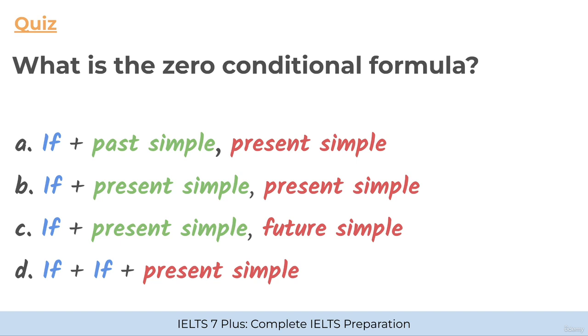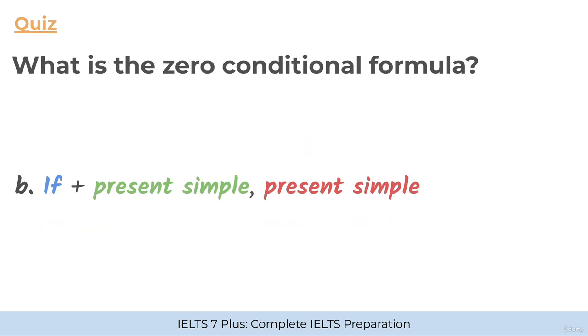So we're thinking about our scientific truths here, our general facts, things that are just considered to be the truth. For this one, it would be if plus present simple, present simple. So we're staying in our present simple here, so it's quite straightforward to remember for the zero conditional.